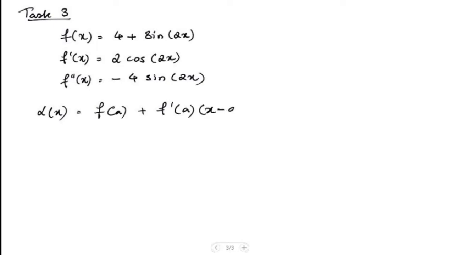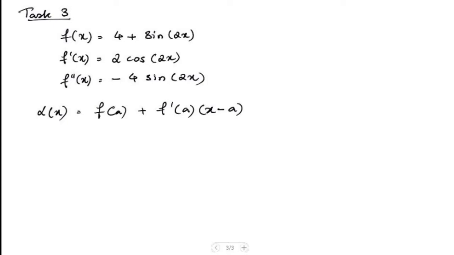To find the linear approximation, our formula is f(a) plus f'(a) times (x minus a).